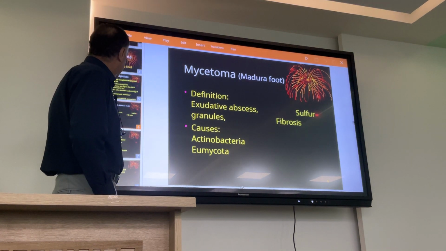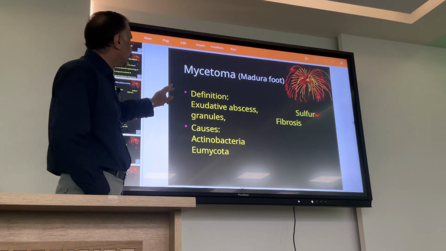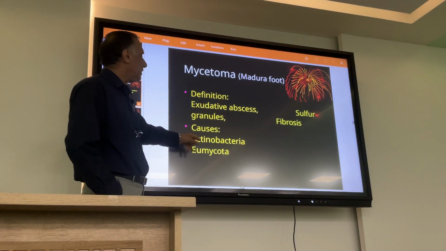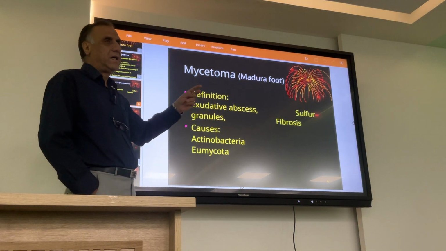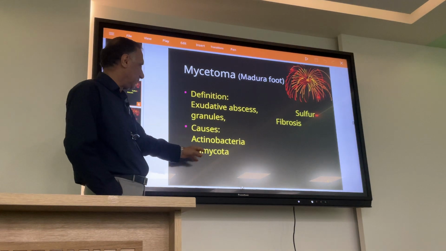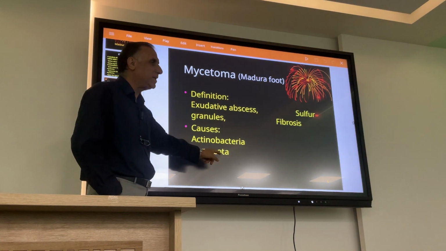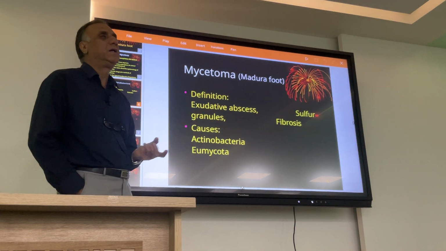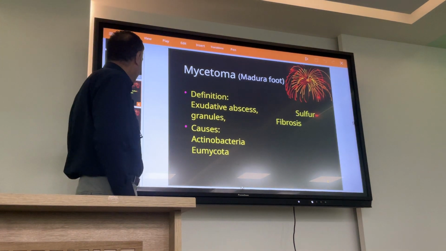There are two types of mycetoma. In one type the etiologic agent is bacteria, and in the other fungi, leading to eumycotic mycetoma and actinomycotic mycetoma. We have two types of mycetoma based on the agent.